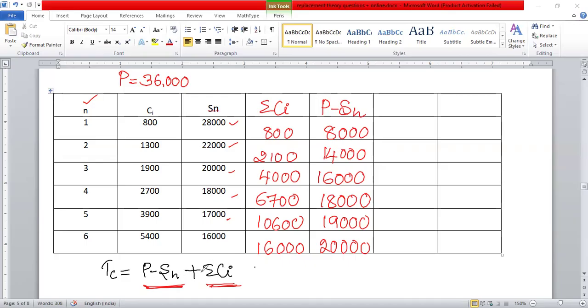So finally, we add both of these to get TC. Let's see the total cost. 8,000 plus 800 is 8,800. 14,000 plus 2,100 is 16,100.